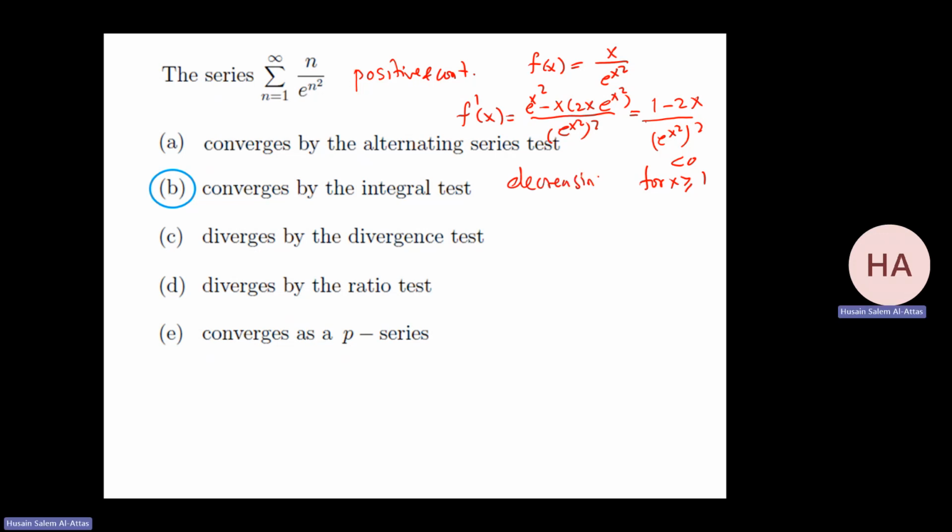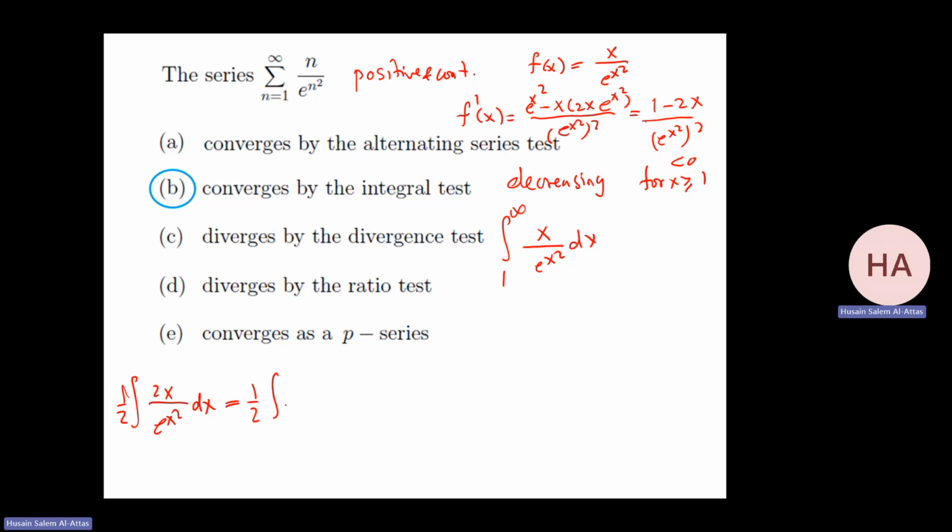So now we can apply the integral test. Find the integral from 1 to infinity of x over e to the x squared dx. Let me do the integral here. That will be x dx, and this is half.